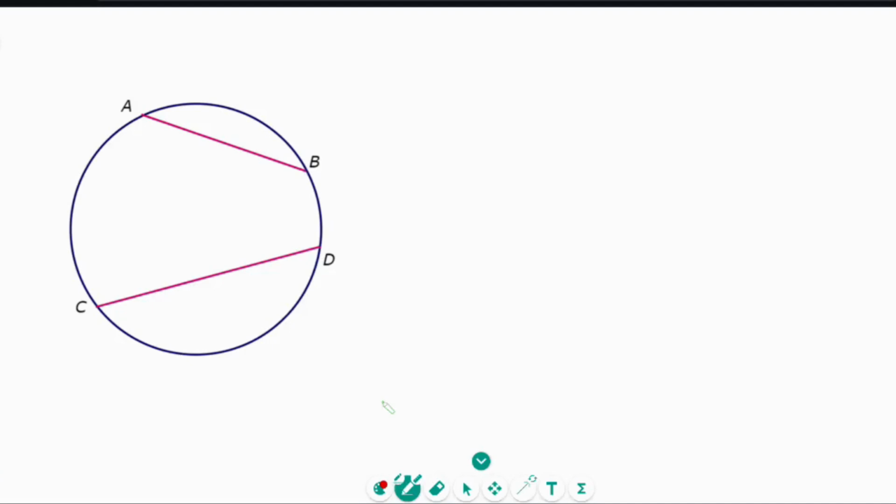Now, we've got some chords here that are not intersecting. If I continue them on, they will intersect outside of the circle. As before, we can use the same formula.